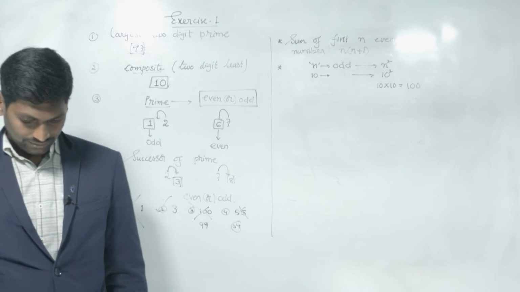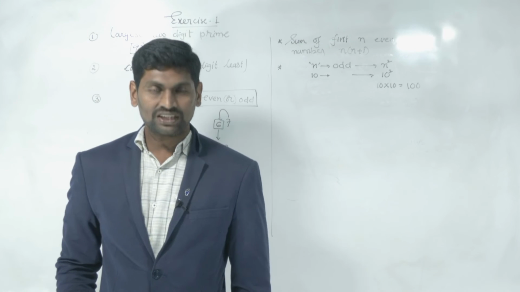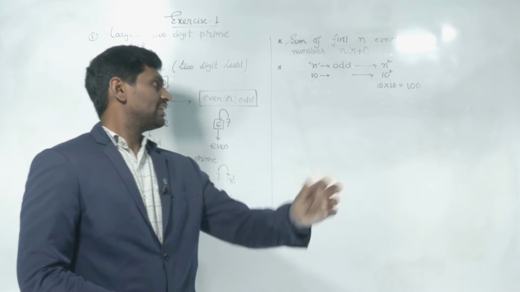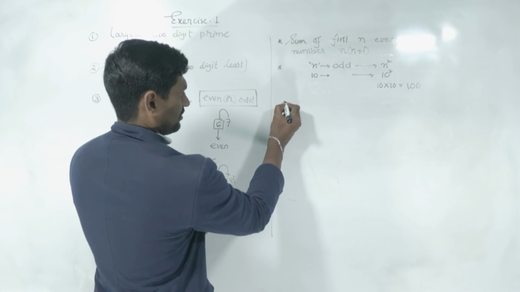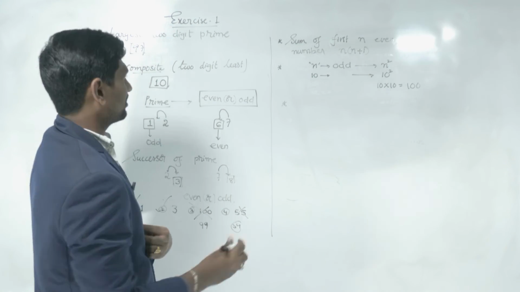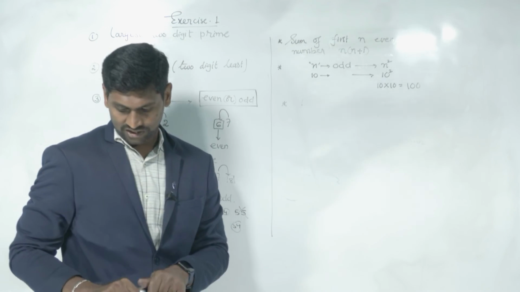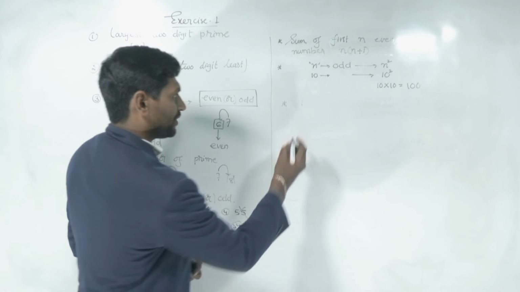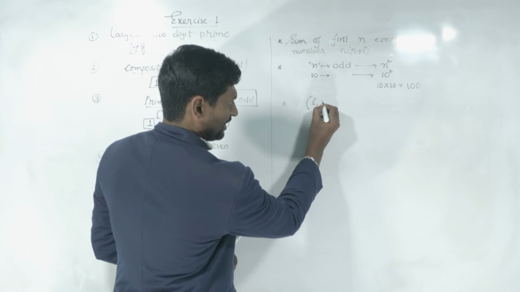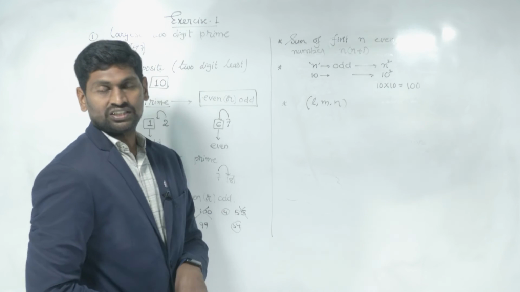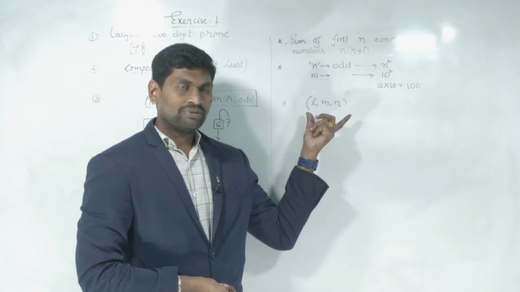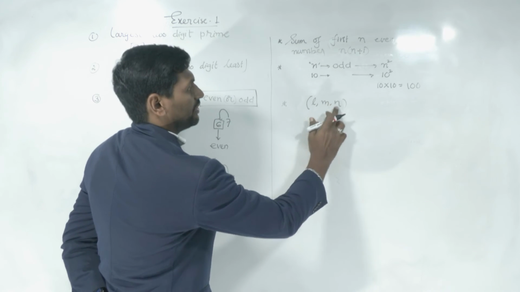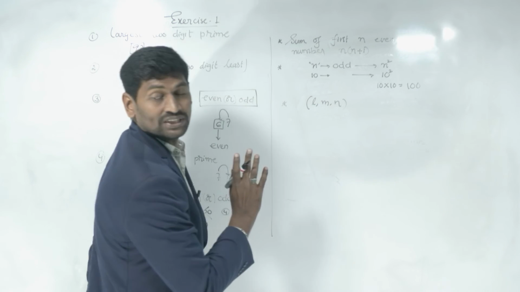Next, Pythagorean triplet, we discussed, right? Pythagorean triplets are numbers in the form l square plus m square equals n square, for example l, m, n. Triplet means a combination of 3 numbers, called l, m, n, but they should satisfy the condition.